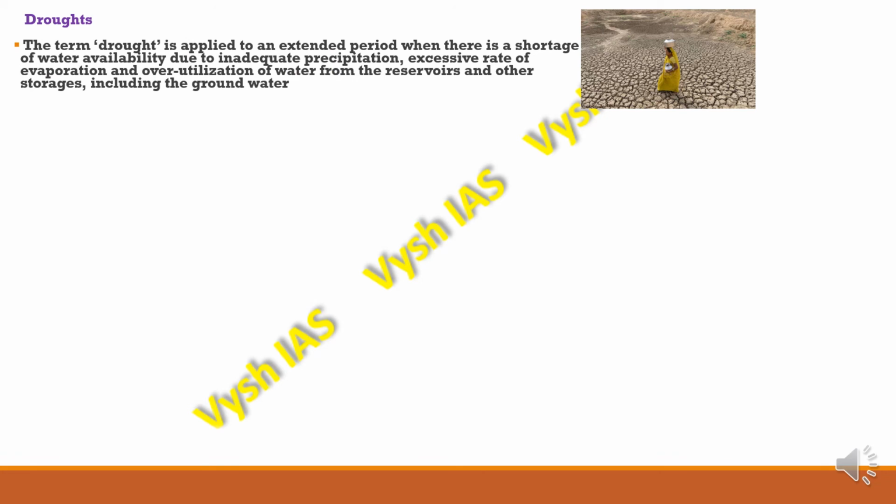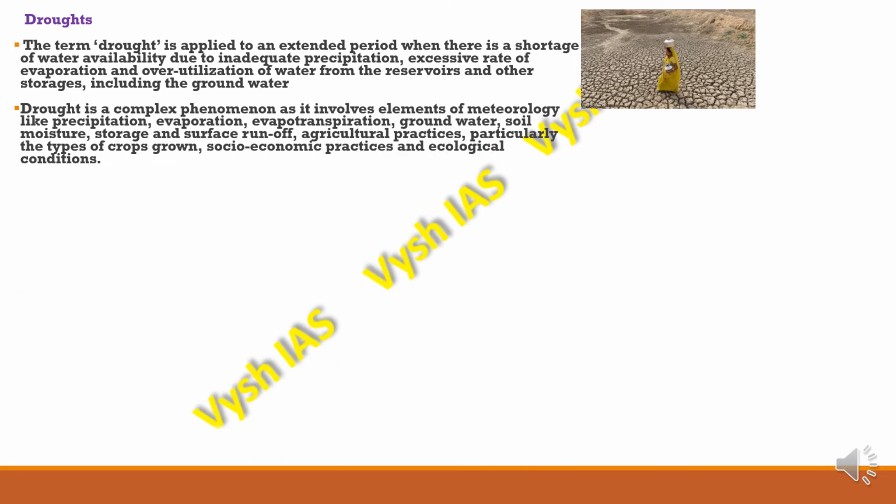Then we have droughts. The term drought is applied to an extended period where there is a shortage of water availability due to inadequate precipitation or rainfall, excessive rate of evaporation, and overutilization of water from the reservoirs and other storage areas, including the groundwater.